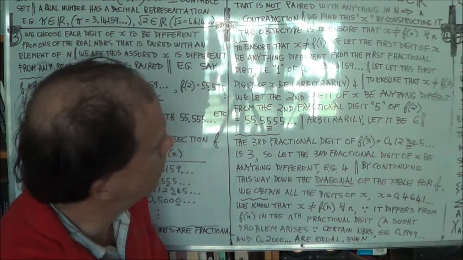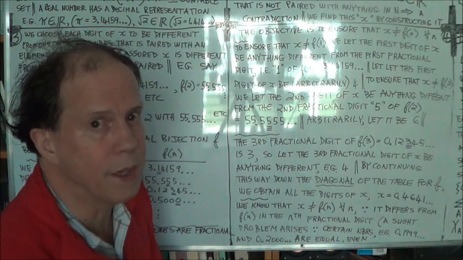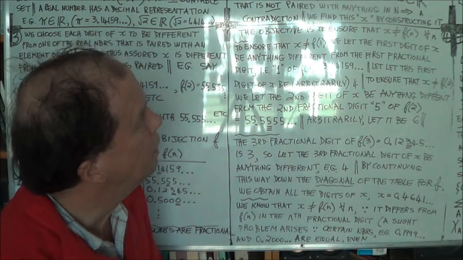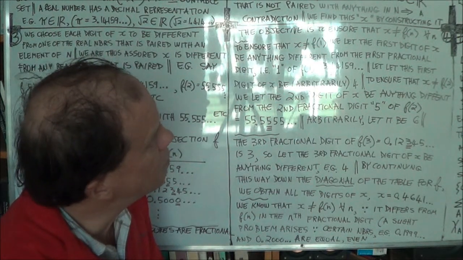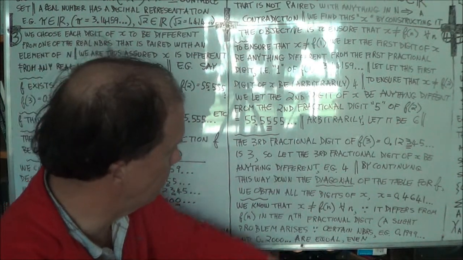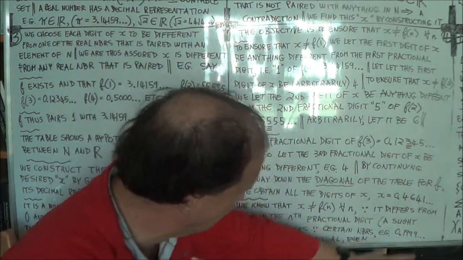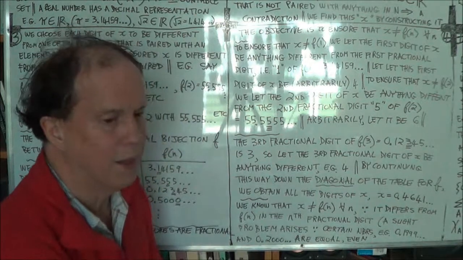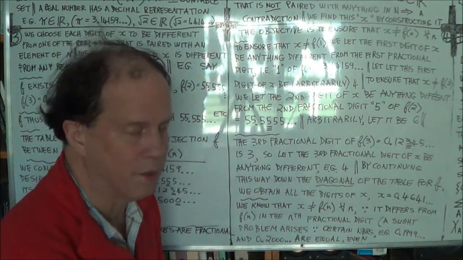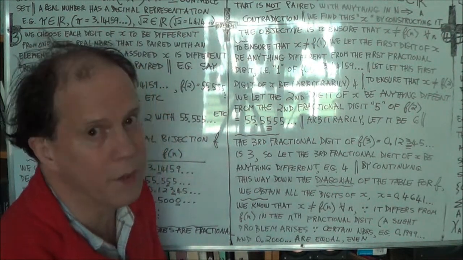They're equal in value, but their decimal representations are different. You've got a 2 here, you've got a 1 here, and so on. So the way they're represented as decimals is different, but they do have the same value.